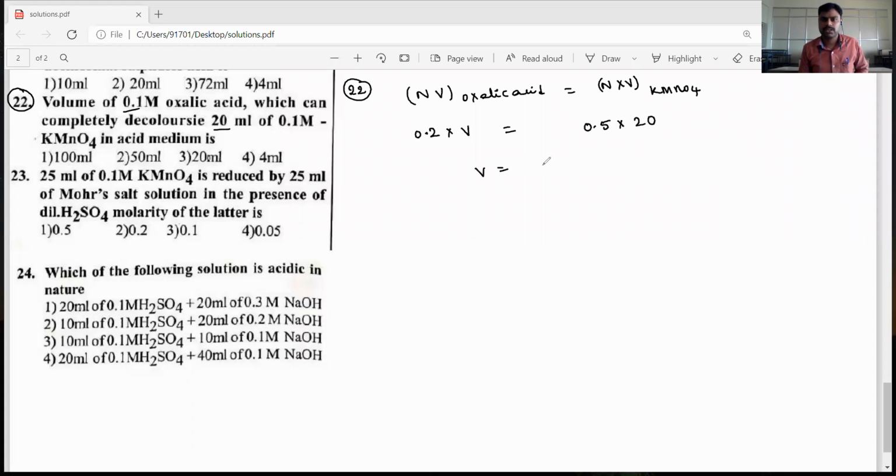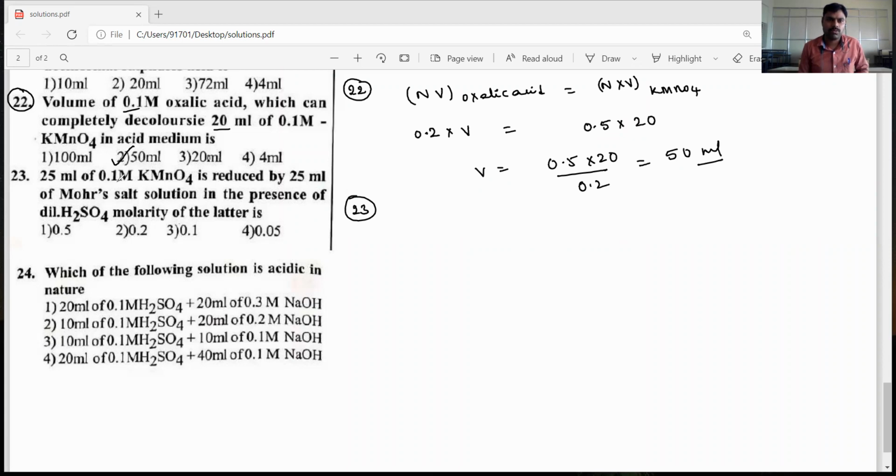Then V is equal to 0.5 into 20 divided by 0.2, which is 50 ml. So 50 ml of oxalic acid is required for the complete neutralization of 20 ml of 0.1 molar KMnO4 solution.